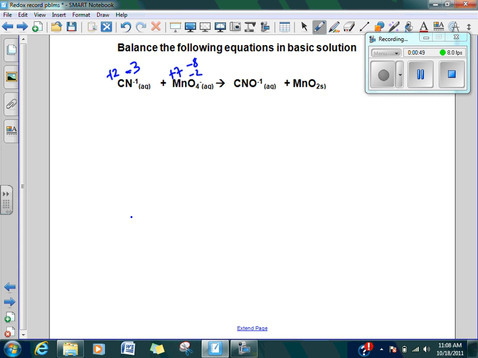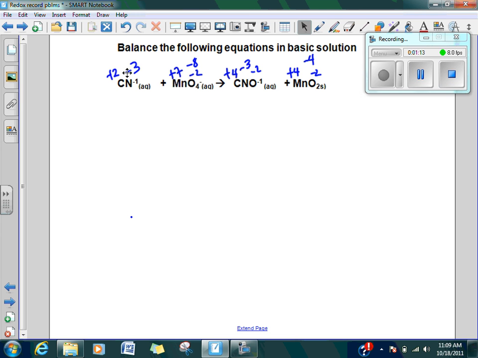If I take a look between carbon, nitrogen, and oxygen, I have 3 elements. Oxygen's the most electronegative at -2. Then between the next two, it's going to be nitrogen, which is -3. And so if I need a -1 charge overall, my carbon's going to be +4. Then for oxygen, I have a -2, -4. And then for manganese, it's going to be a +4 charge.